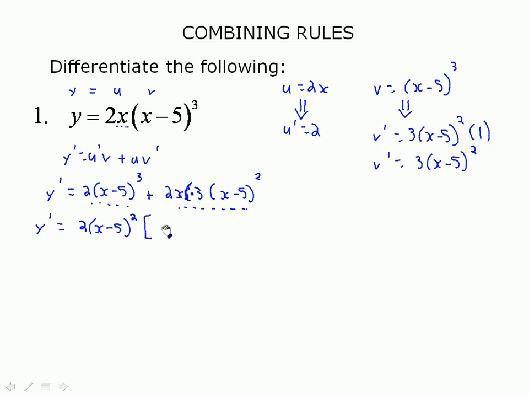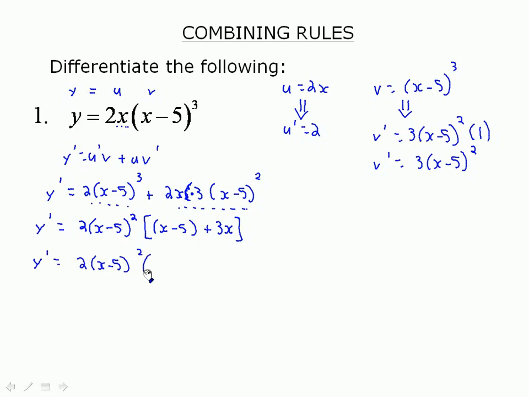And then that would leave me with, in the first cluster, a factor of x minus 5. It's all that's left. In the second cluster, the 2 is divided out, 3 remains, so does an x, and that's it. So y prime is equal to 2 times (x minus 5) squared.